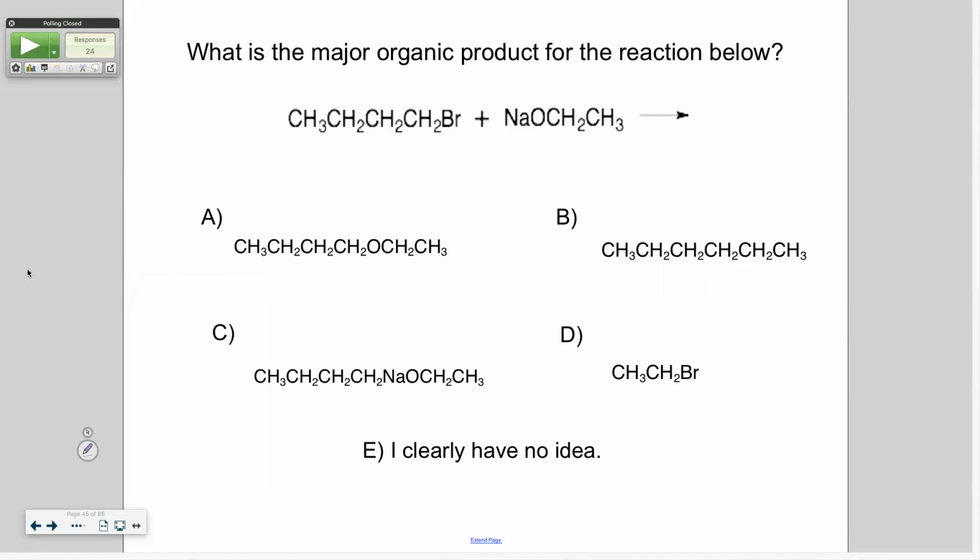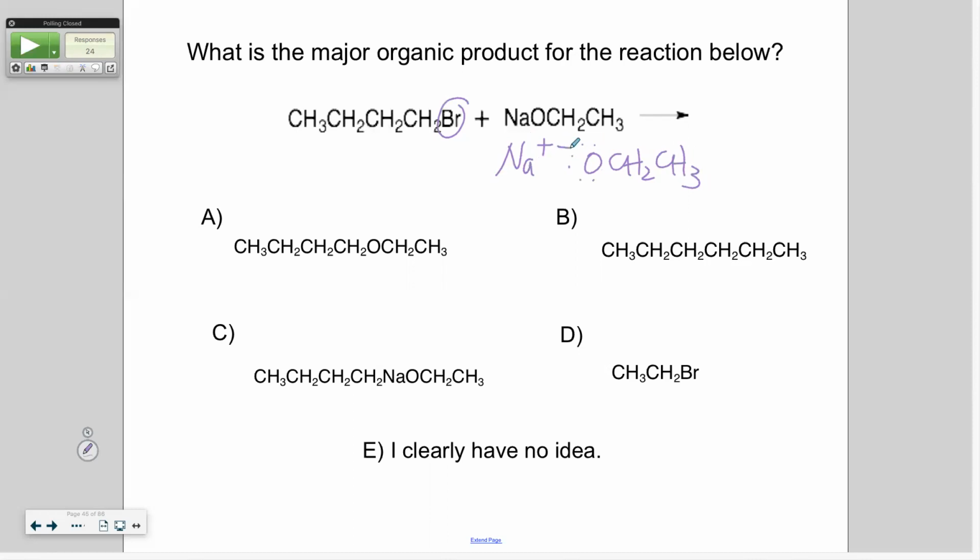So when you look at that, what's a way to analyze it? Okay, what's the leaving group? Excellent. What else? Is the sodium a spectator ion? Yes. So this would be Na+ and OCH2CH3−.